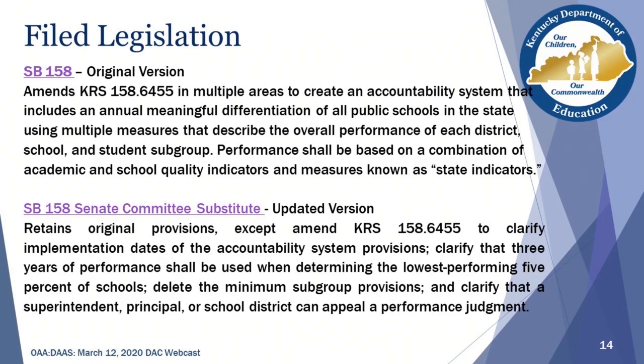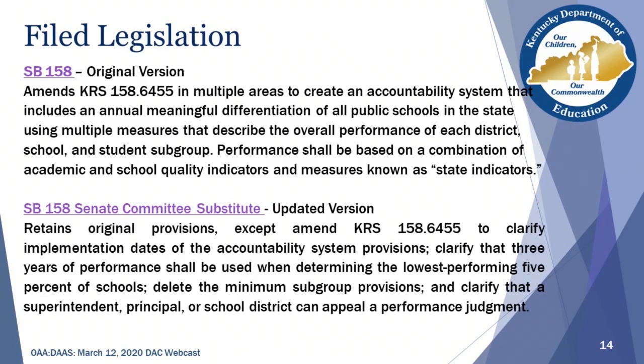These changes, if this legislation was completed and became law, would not come into the accountability system until the 2021 school year. So I would want you to look specifically at that committee substitute for the implementation dates.